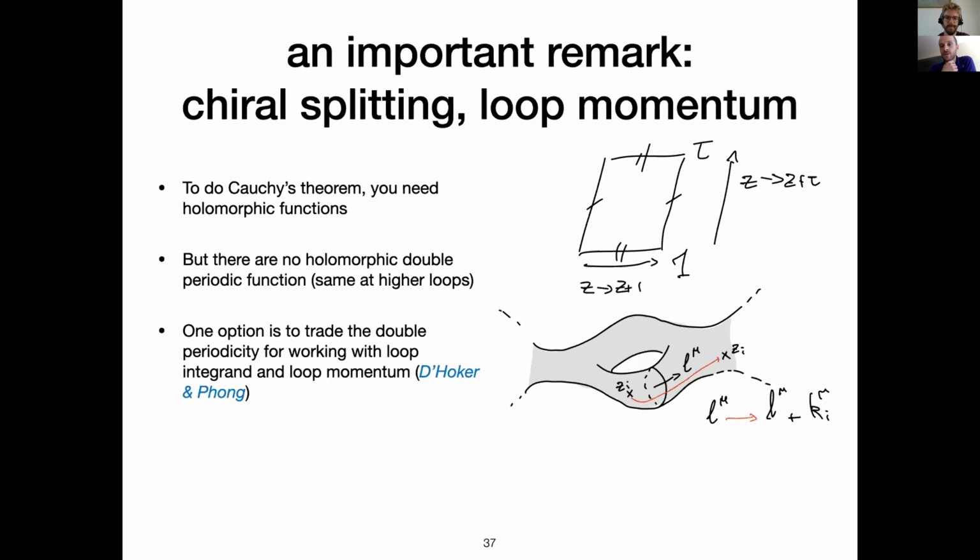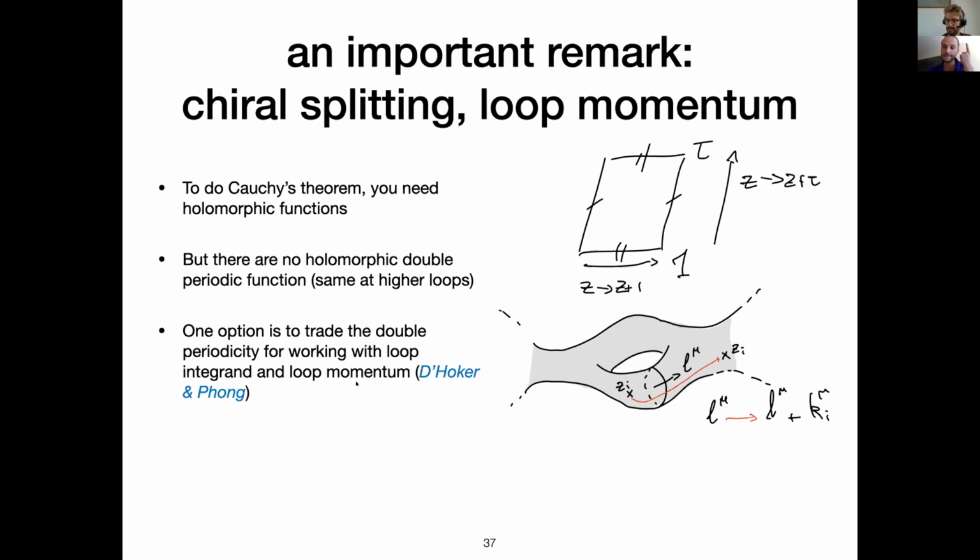And to do this, you need to have holomorphic functions, but it's a theorem that on the torus or any Riemann surface, there aren't holomorphic functions that are doubly periodic on the torus, which means that the function is at the same time holomorphic and invariant under z to z plus tau and z to z plus 1. I'm sorry, I meant meromorphic. Your functions need to have one single pole, and by this reasoning, you would show that the residue of the single pole needs to be 0.